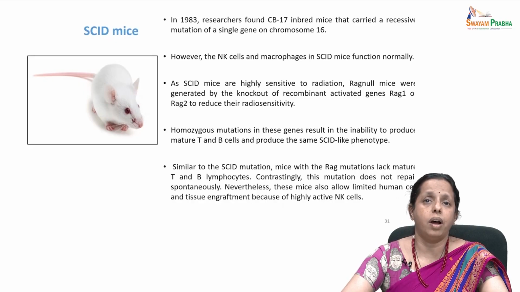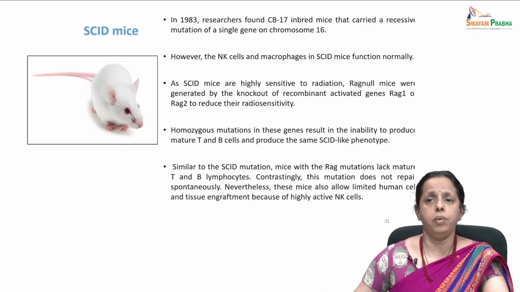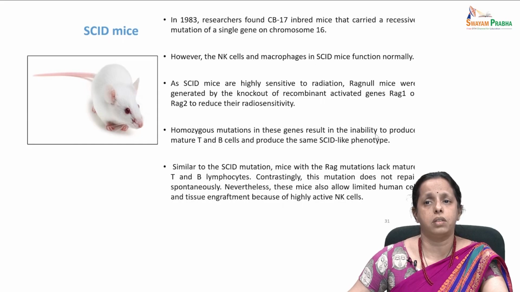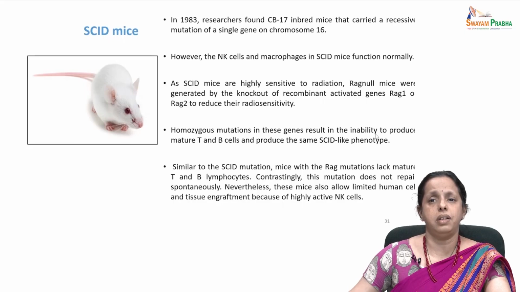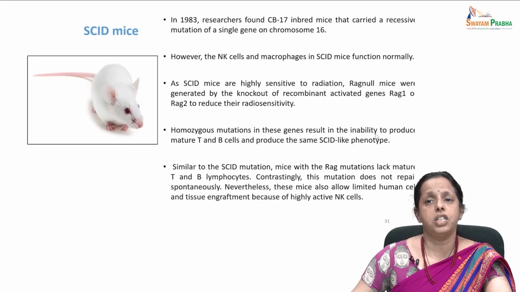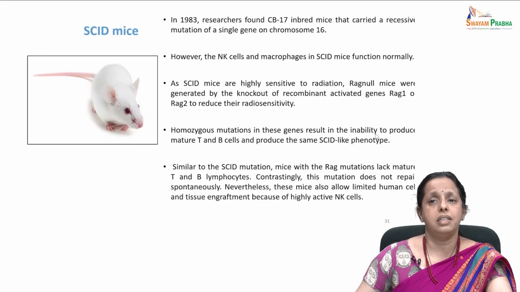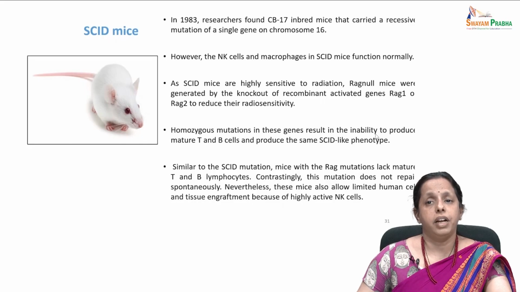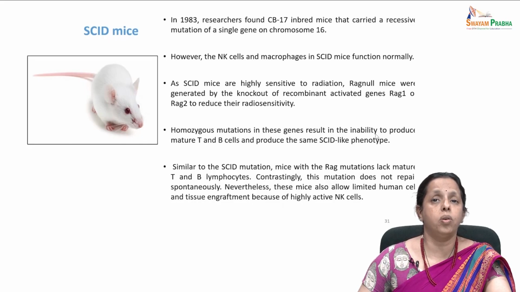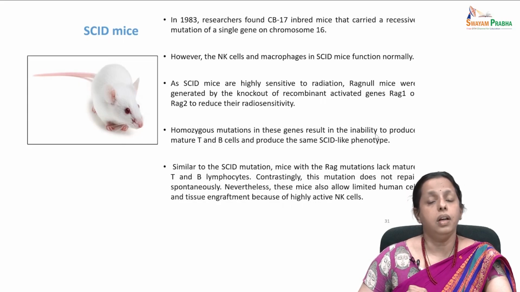So, RAG1 and RAG2 induce VDJ rearrangements of TCR and immunoglobulin genes by producing DNA double-stranded breaks. This mutation obstructs the repair and recombination of the T and B lymphocyte cell receptors, and it affects the differentiation and maturation of these cells, resulting in a lack of mature T and B cells and low immunoglobulin levels in the peripheral blood or in the lymphoid organs of the SCID mice.